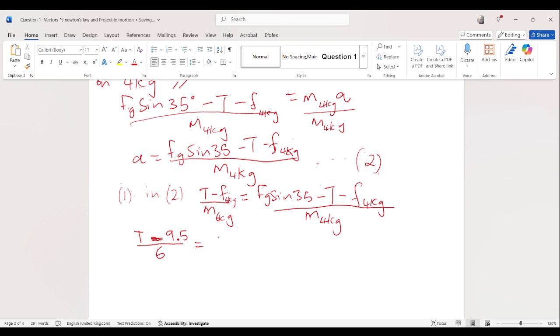FG is for the 4 kg, which is mass times acceleration, 4 times 9.8 sine of 35, minus T, which is what we are looking for, minus friction at 4 kg. We calculated it to be 4.17, all divided by 4.